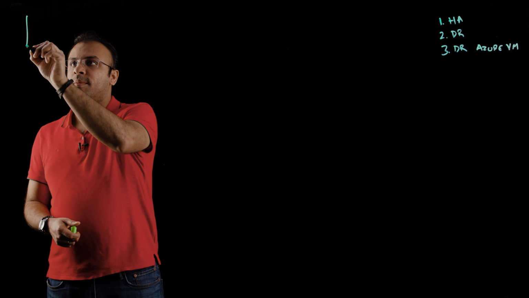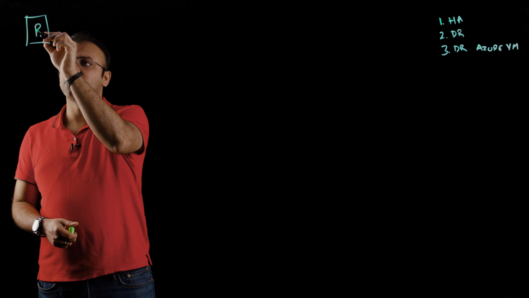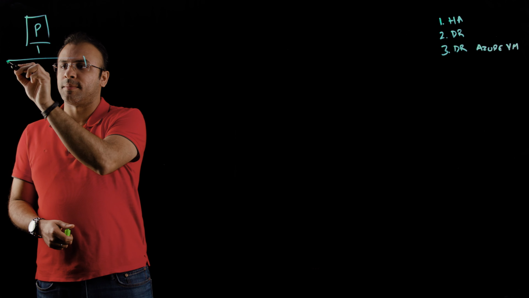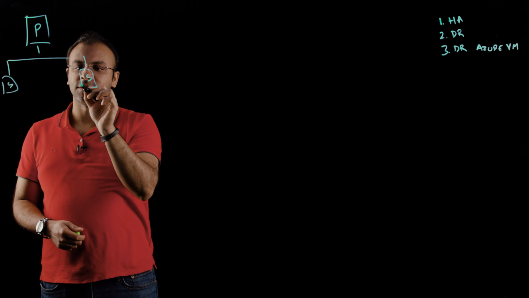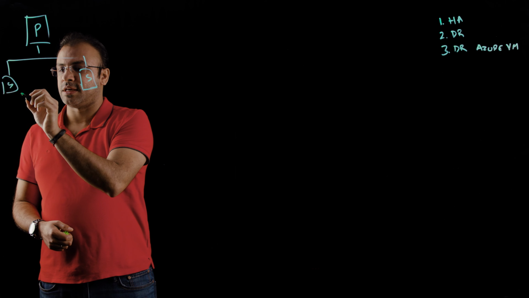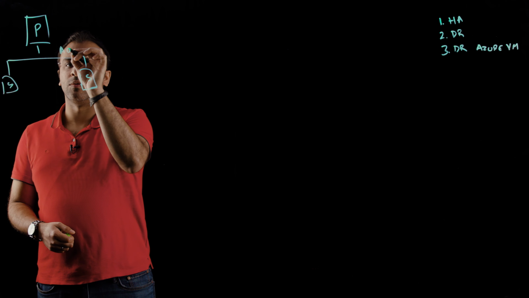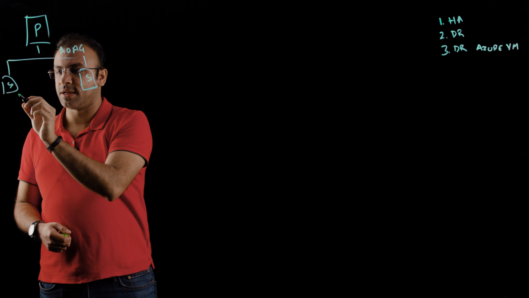So let's talk about a few common scenarios. The first is a primary with a secondary architecture, which you will essentially set up with, let's say, an Always On availability group.